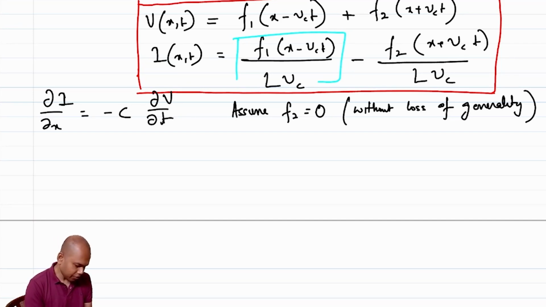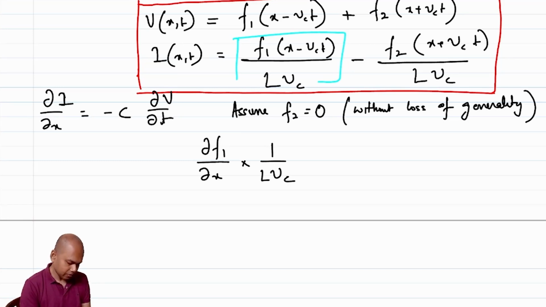So dou I dou x will essentially be dou f1 dou x times 1 by L VC, and this is essentially equal to negative c dou v dou t, that is nothing but minus VC again f1 dash, right?